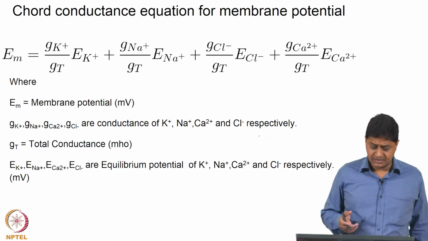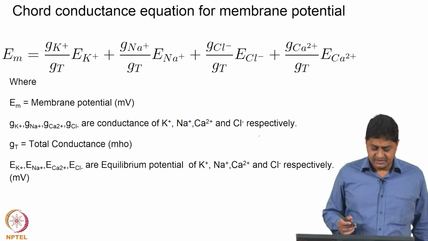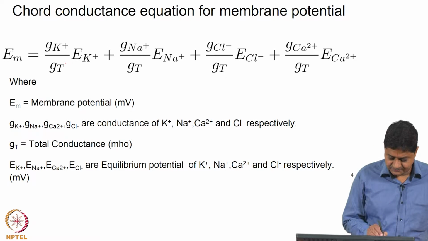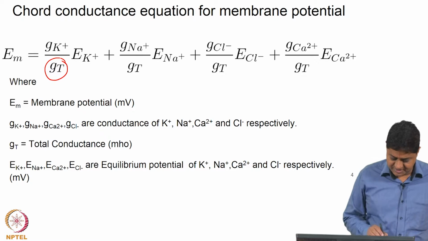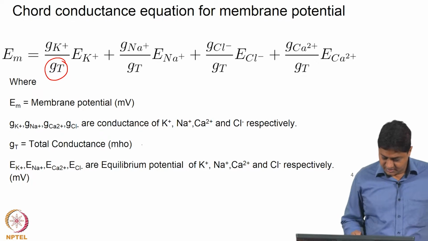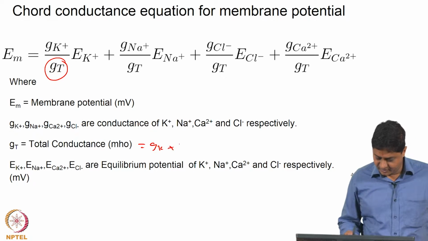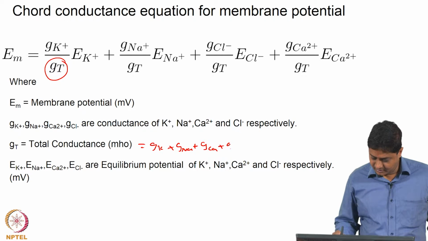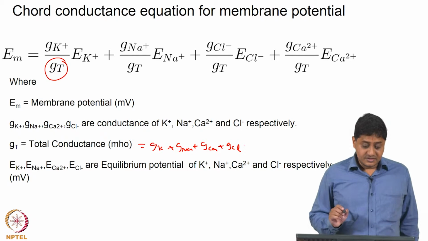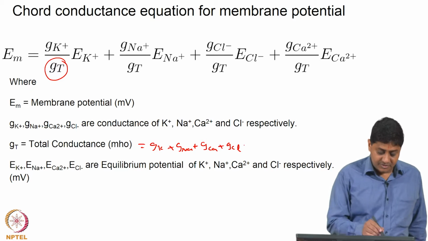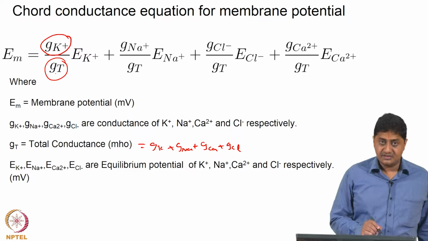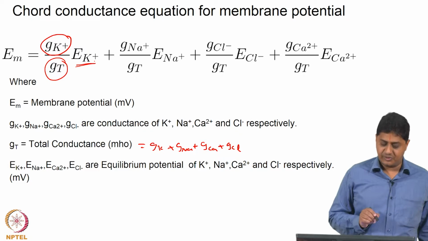This is the Chord conductance equation, and we said that the total conductance is basically the sum of the potassium, sodium, calcium and chloride conductances, is it not? To what extent potassium itself contributes to the total conductance is computed, and that weights the potassium equilibrium potential.